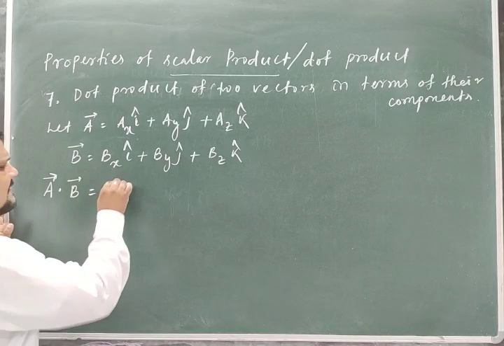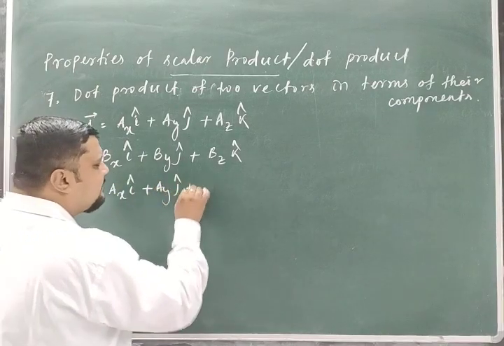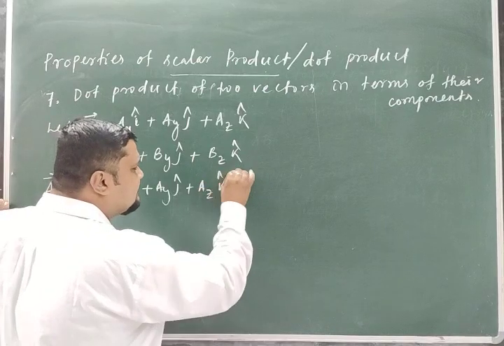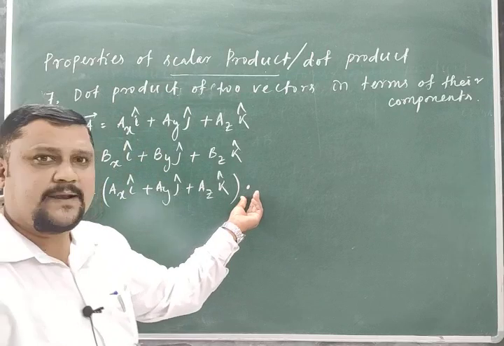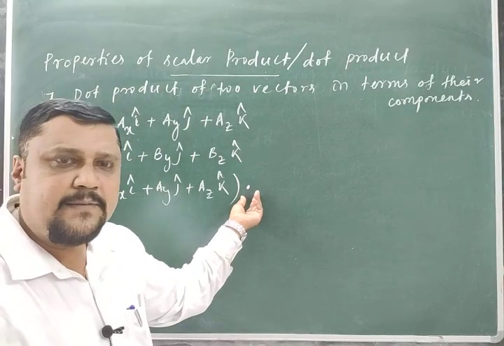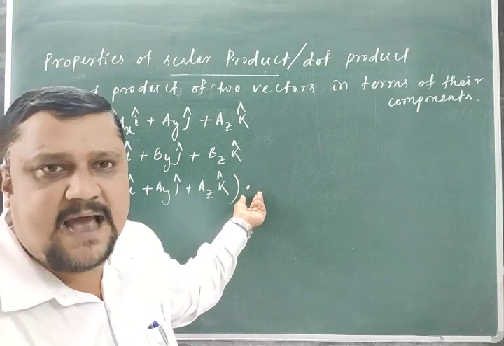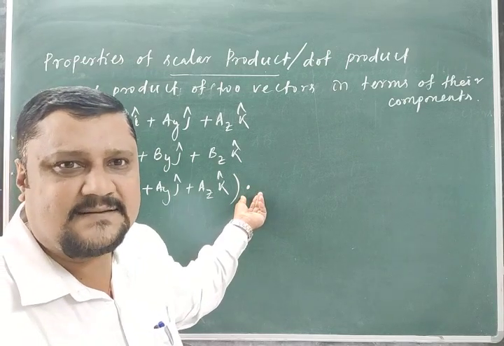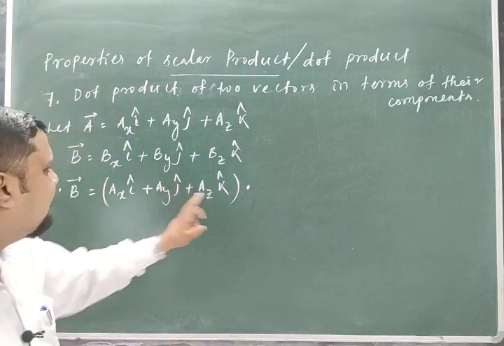So let us write A as Ax i cap plus Ay j cap plus Az k cap. Then put the dot, and that dot should be prominent, in between the two vectors. If there is no dot or cross symbol between two vectors, the expression is meaningless; there is no use in physics. So this is a vector because i cap, j cap, k cap are there.